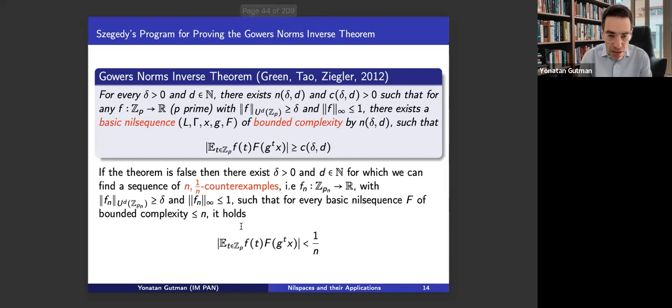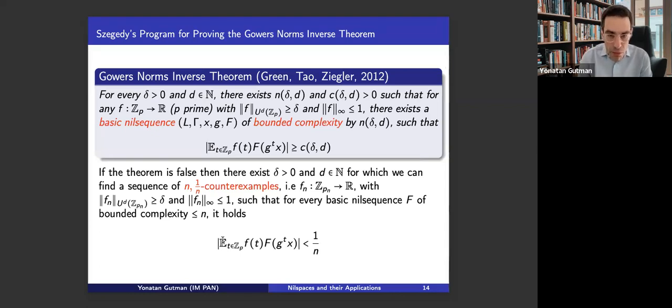So his idea was that if the theorem is false, then we can find a sequence of counterexamples. That is, functions f_n which have this positive, universally bounded from below Gowers norms that do not correlate with Nil sequences of bounded complexity.